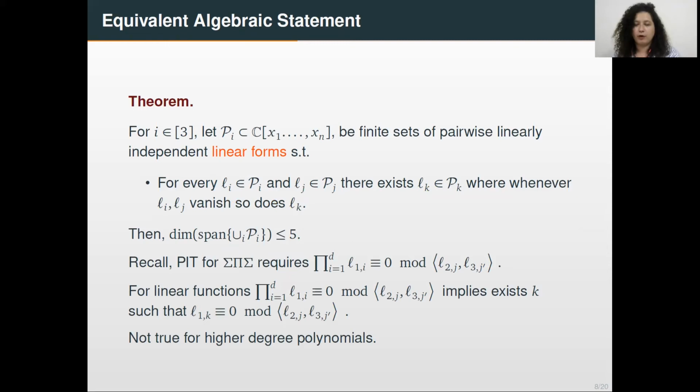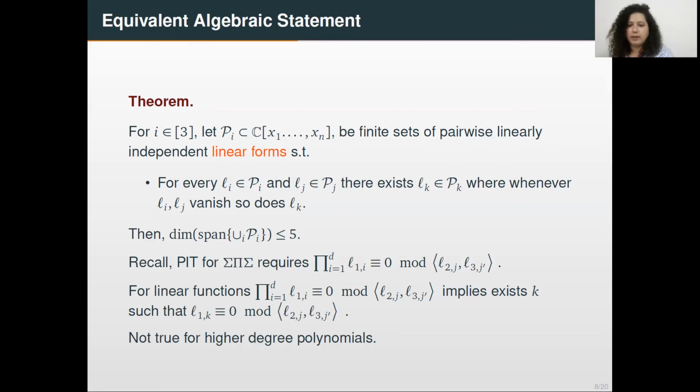But recall that for PIT for depth-3 arithmetic circuits, we had a product of linear forms that vanished whenever 2 linear forms vanish. So when we are working with polynomials of total degree 1, assuming that the product vanishes essentially says that there is a unique polynomial in the product that vanishes when those 2 linear forms vanish.